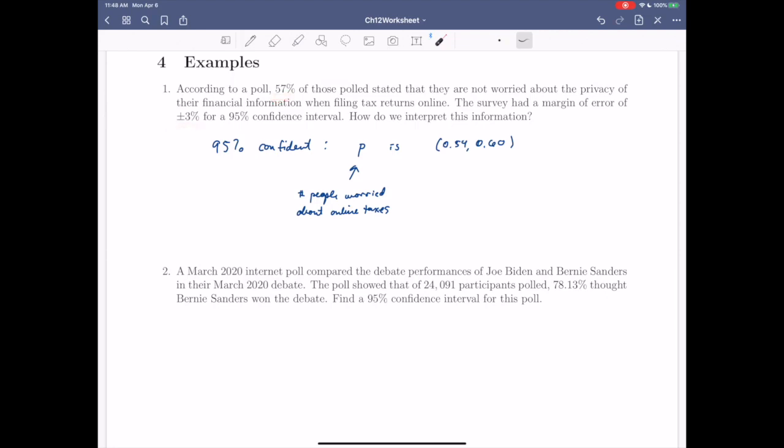That's really 57% plus or minus our 3%. That's really all that tells you. We can be 95% confident that the population proportion is somewhere in that interval. Again, the margin of error is the thing after the plus or minus. So that's the relationship here. That's really all I wanted to say with example 1.